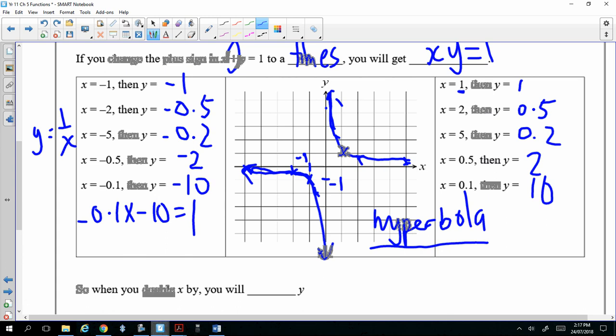So what's an asymptote? We will explain in a minute. Asymptote. Pay more attention to this.